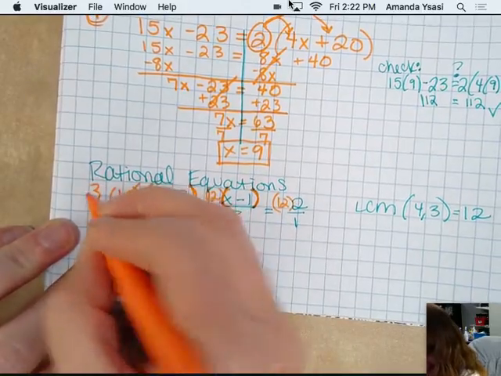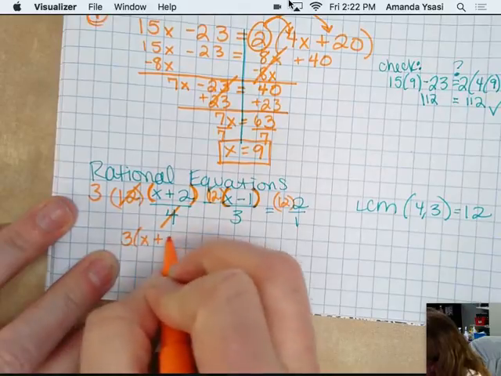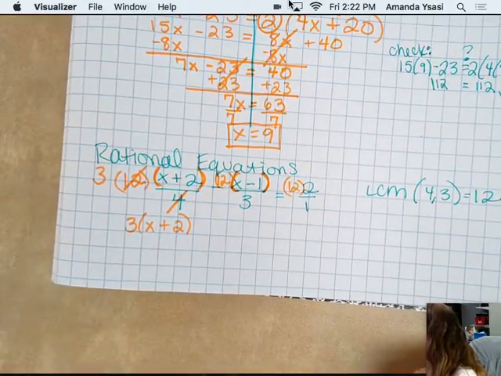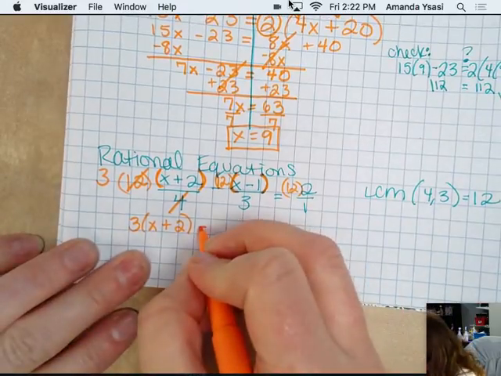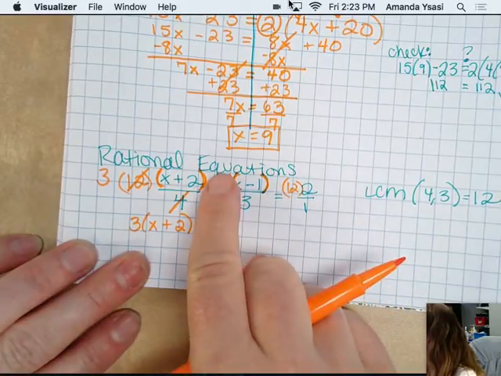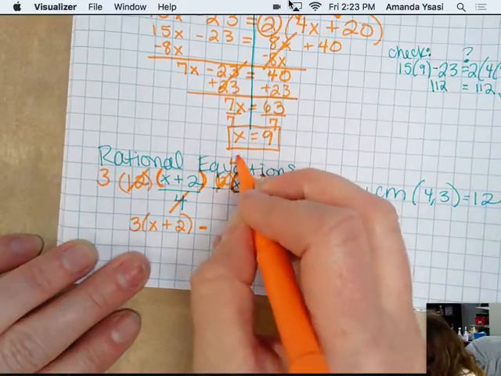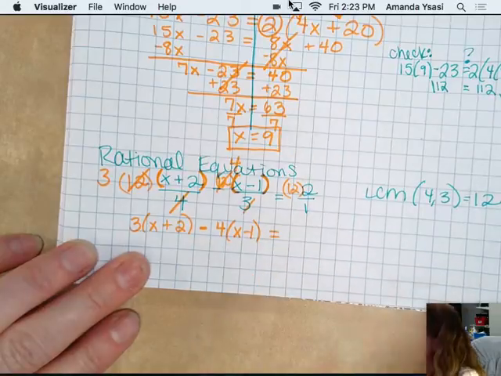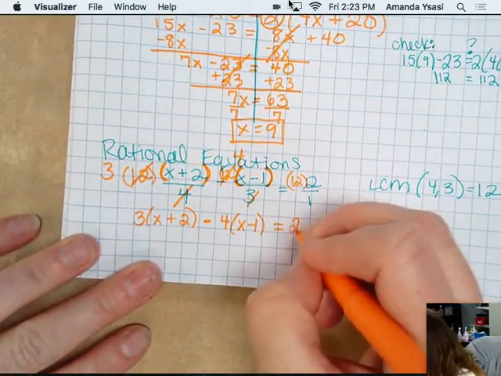So it's 3 parentheses x plus 2. And then the next one, minus 12 over 3 times x minus 1. So it's 12 divided by 3, 4. So this will be 4 parentheses x minus 1 equals 12 times 2, 24.